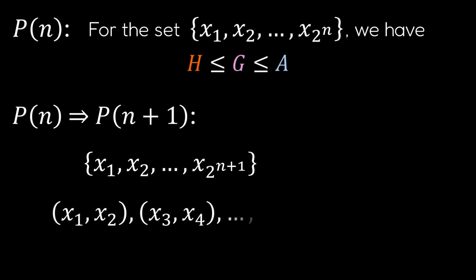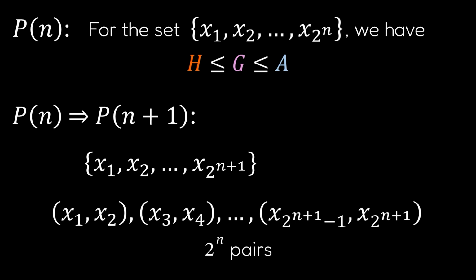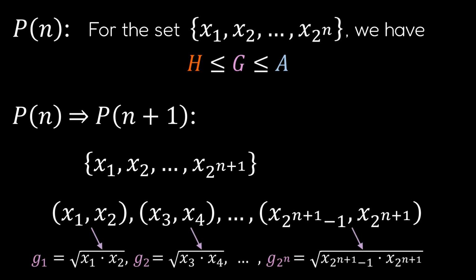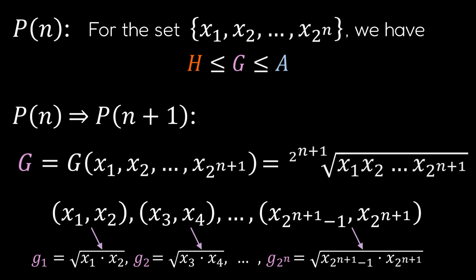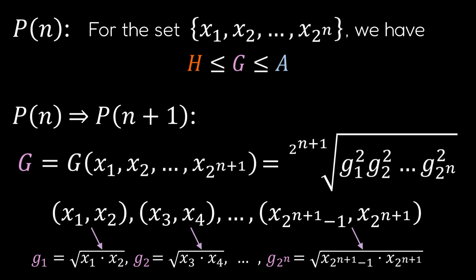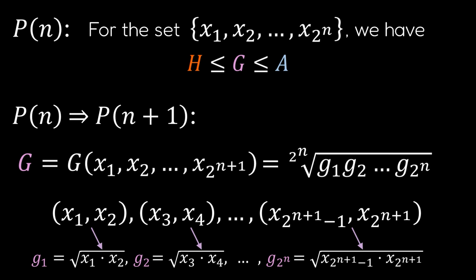Group the data into 2 to the power of n pairs and compute for each pair their geometric mean, small g. The geometric mean of the original set can then be rewritten in terms of these small g's. In fact, it is the geometric mean of the set of g's.